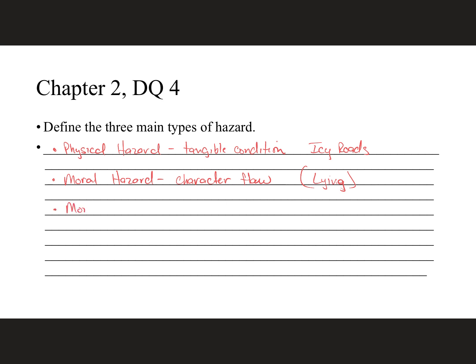And then we have morale hazard. And this is basically being indifferent. Let me just start over here.